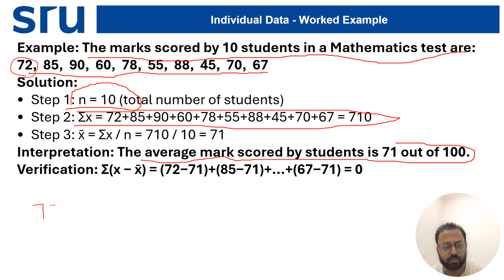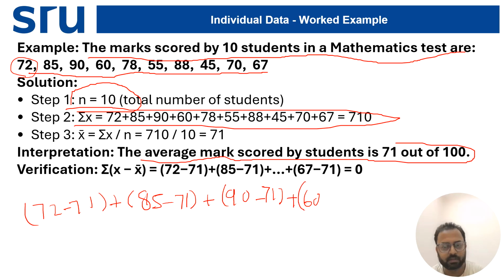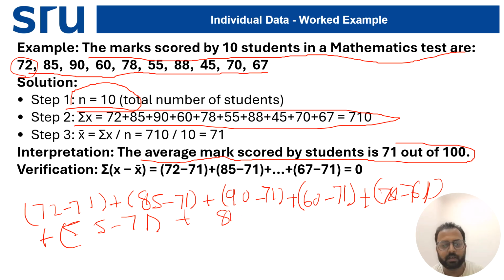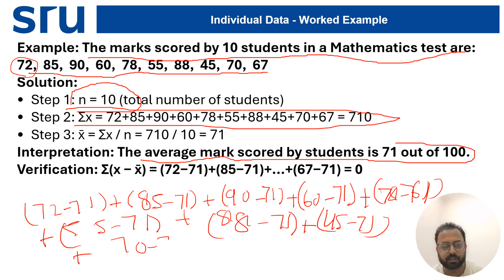So x minus x bar: 72 minus 71 plus 85 minus 71 plus 90 minus 71 plus 60 minus 71 plus 78 minus 71 plus 55 minus 71 plus 88 minus 71 plus 45 minus 71 plus 70 minus 71 plus 67 minus 71.